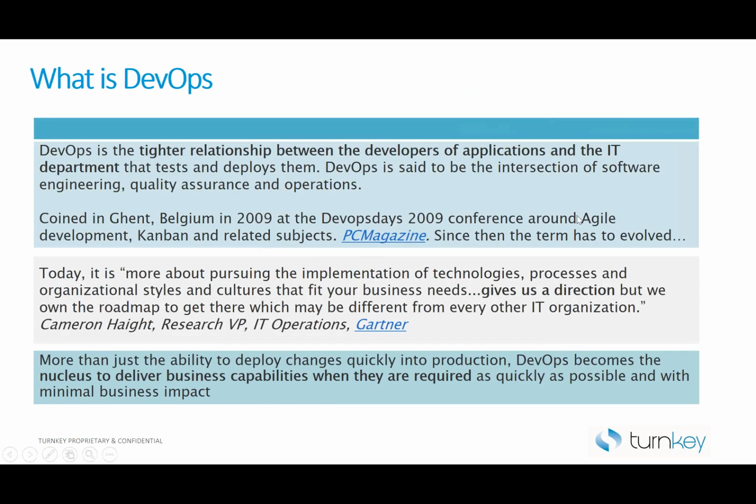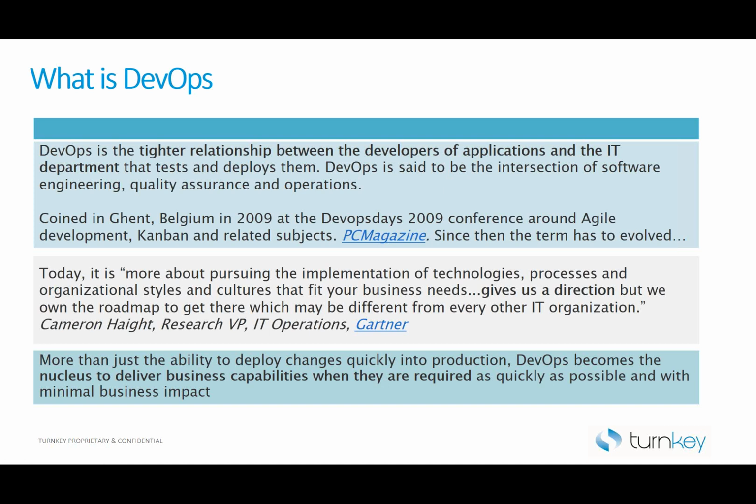A move to DevOps demands increased test velocity, flexibility, and agility in order to meet the requirements of rapid and frequent software iterations. These demands require a paradigm shift from the old waterfall model.